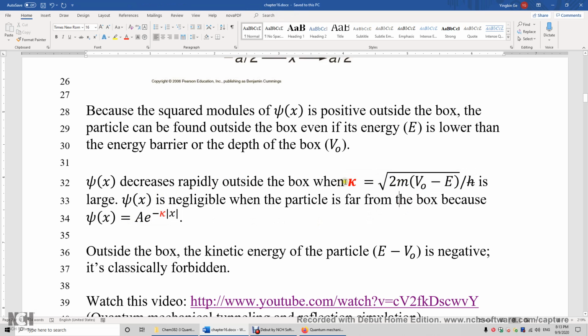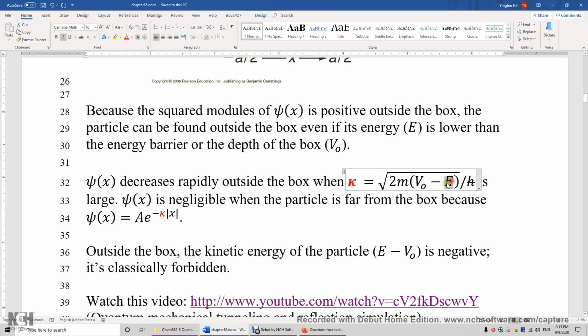When kappa is large, that means V0 minus E is large. So if the energy of the particle is much smaller than V0, that means this particle cannot appear really far away from the box. It can still appear outside the box, but it's going to be very close to the box. The tunneling effect is minimal.